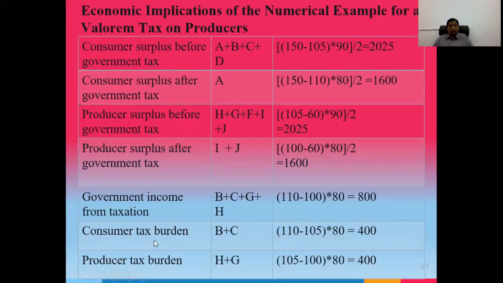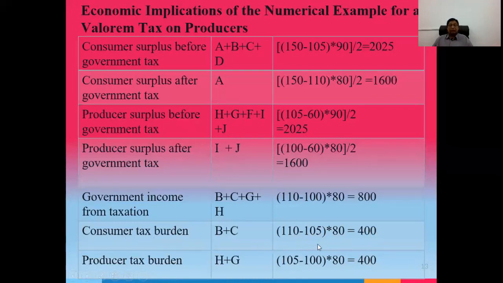Then consumers' tax burden. What consumers incur from the tax is called consumer tax burden. That is given by the area of B plus C. That is given by the price difference into equilibrium quantity after tax. Then 110 minus 105, that is 5 into 8, 400.